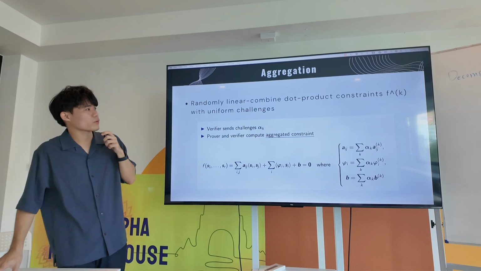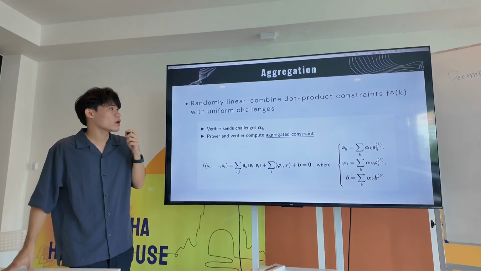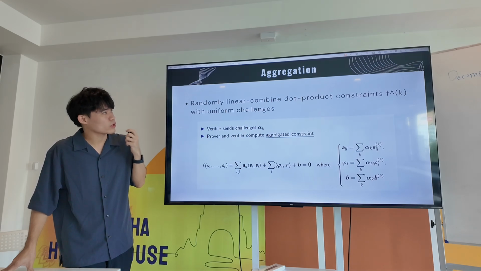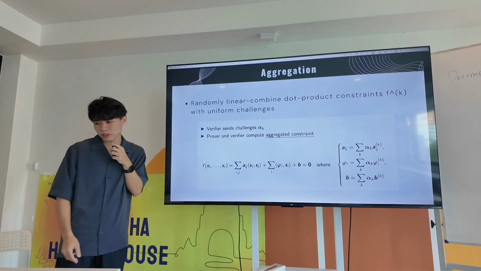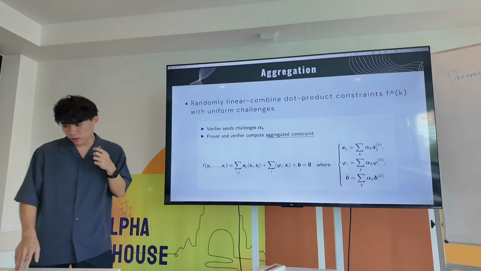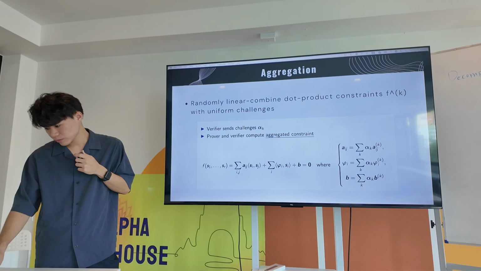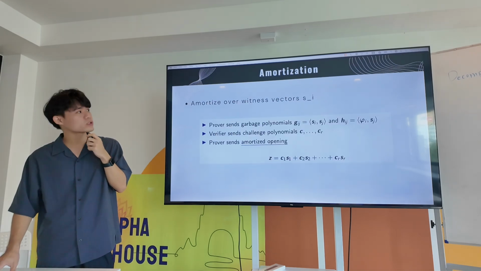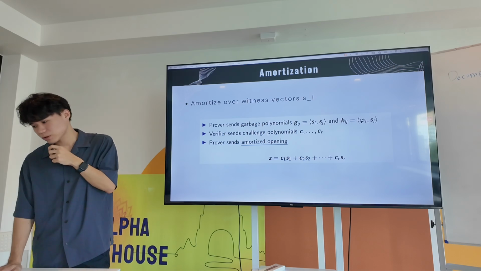Okay, another is aggregation, and it's like other aggregation systems. They use a random linear combination to combine the dot product constraints. Okay, and amortization is over the witness vector.